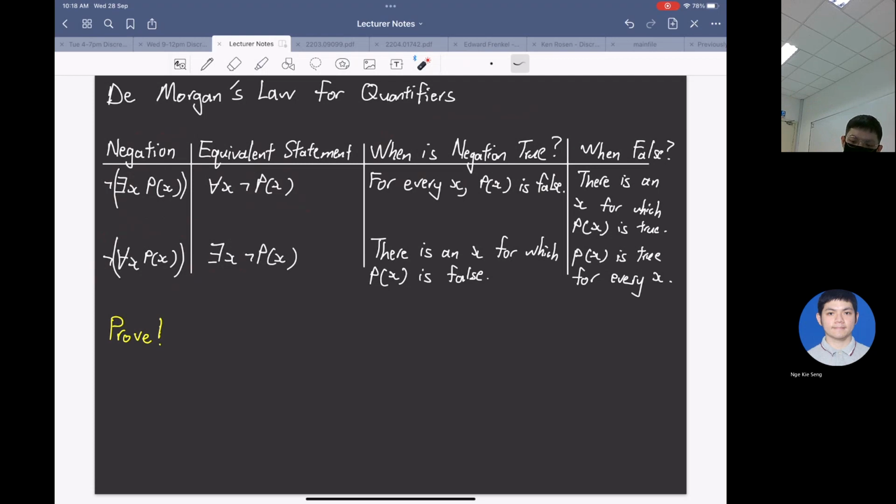For example, to show that the negation of this is false, you need to find an x such that P(x) is false. If it is false, you need to show that for every x, P(x) is true. So it's like twist forward and then twist backward. Logic is like this. Just play around with words.